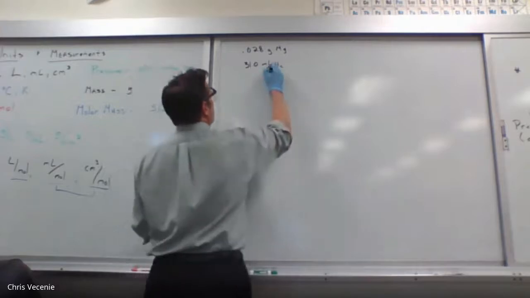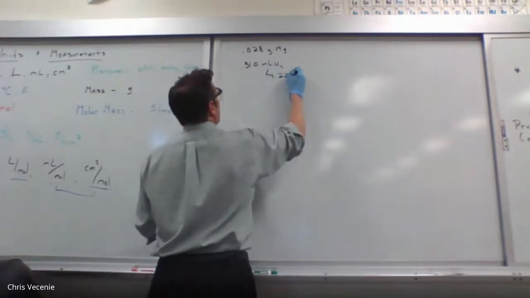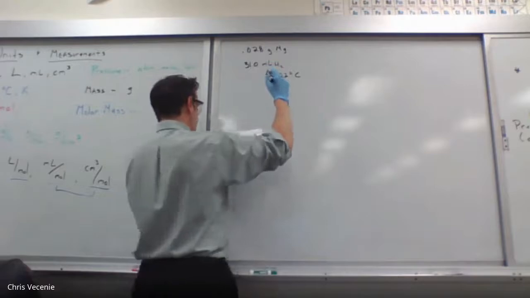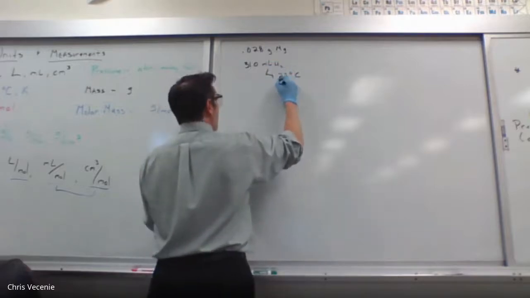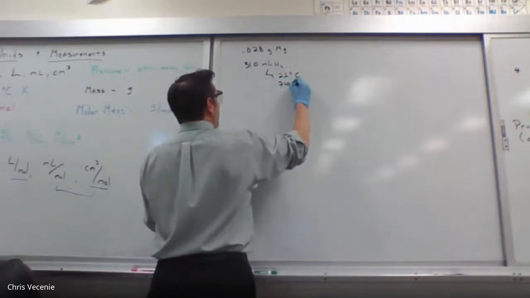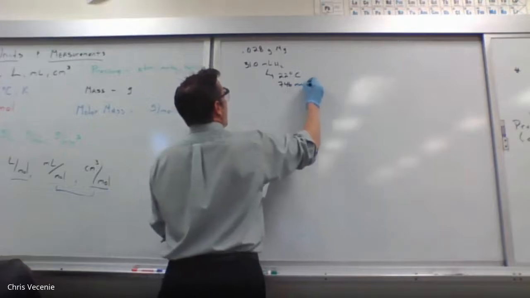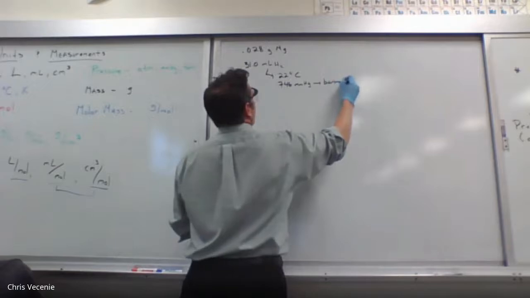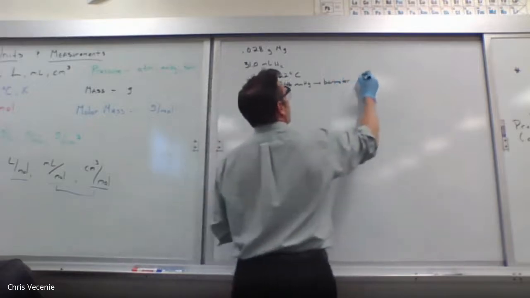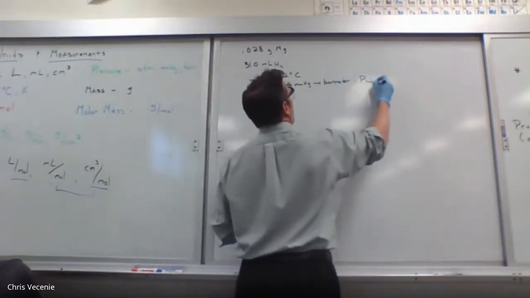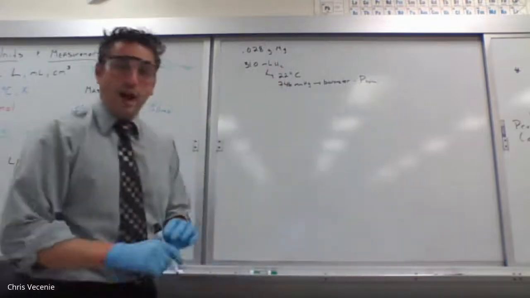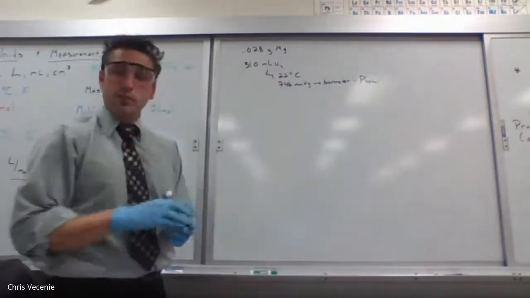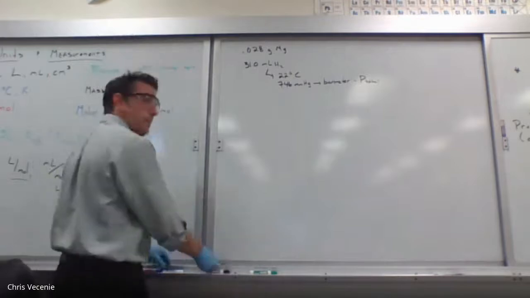The lab conditions for us were 22 degrees Celsius, and they're telling me the barometer read 746 mmHg. And remember, the barometer is the total pressure. That isn't necessarily your hydrogen gas, because some of it's the water vapor that we were talking about.